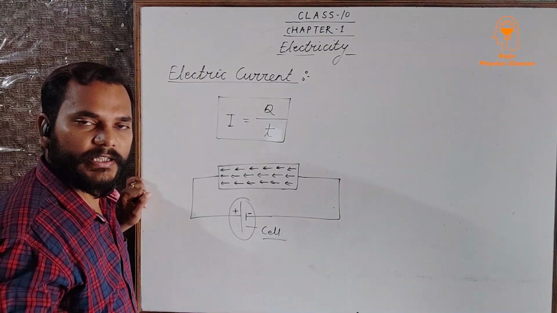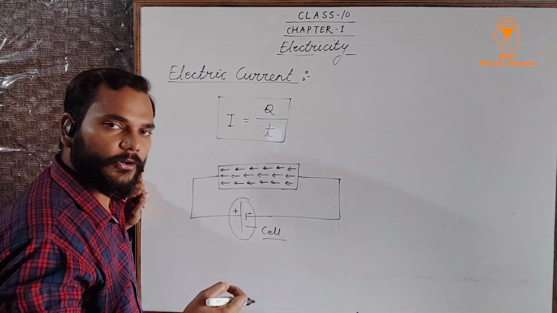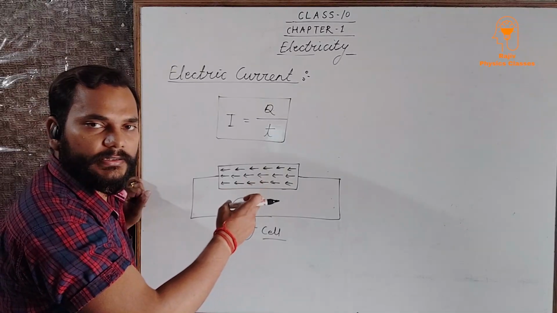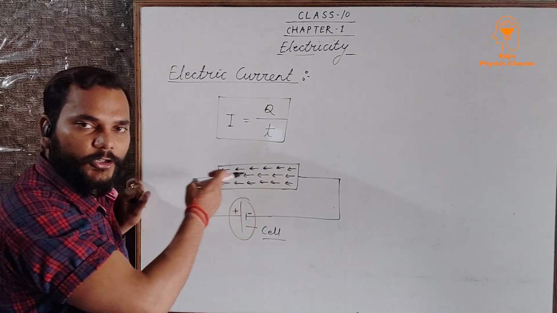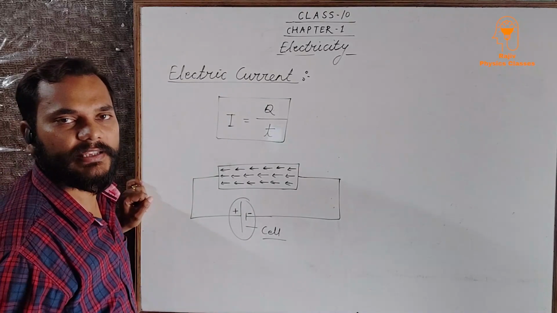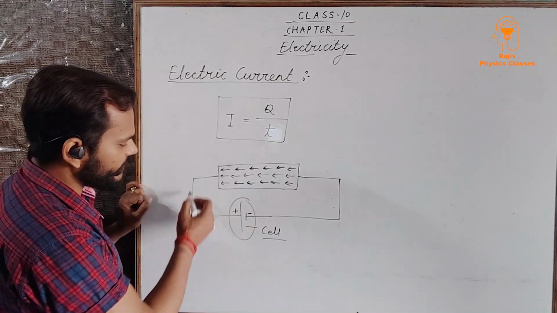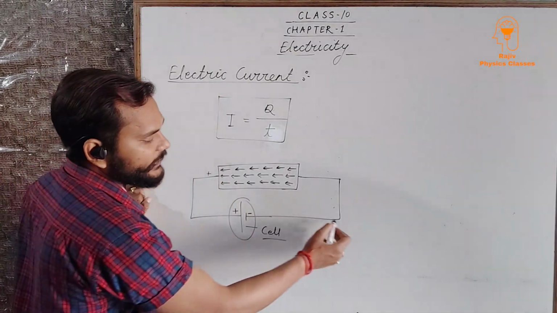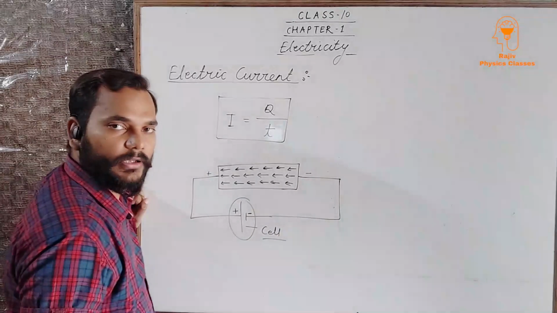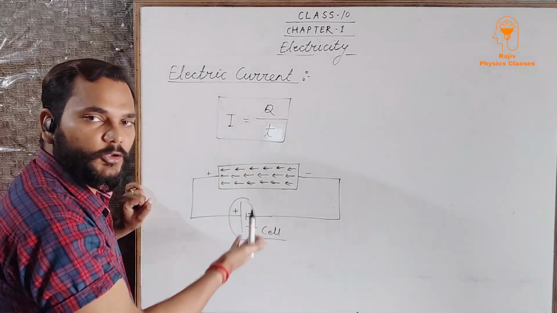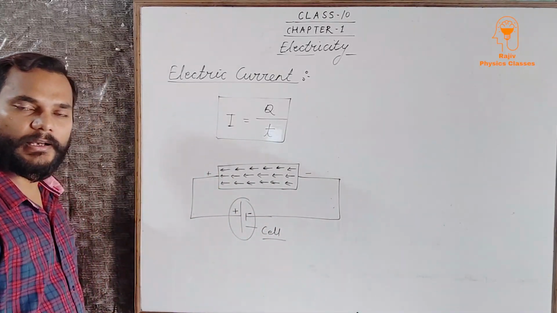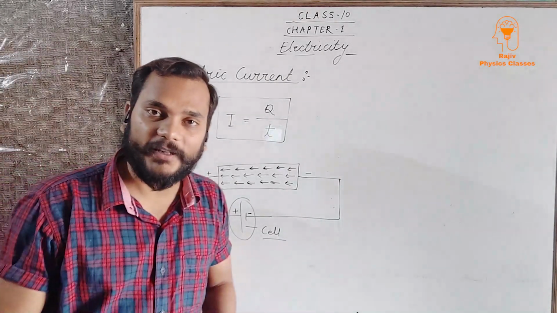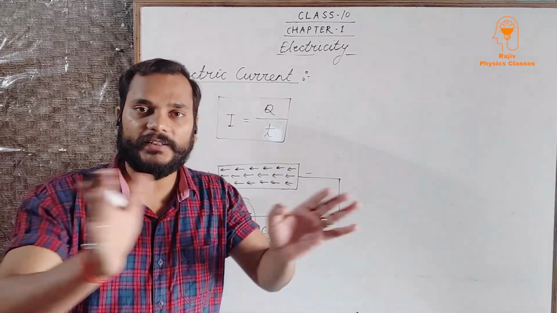Since the electron possesses a negative charge, all these electrons will be attracted towards the positive terminal of the cell. You can see here, this is the positive terminal and this is the negative terminal. So where will all these electrons move? Obviously towards the positive terminal. Remember, same charges repel while opposite charges attract.